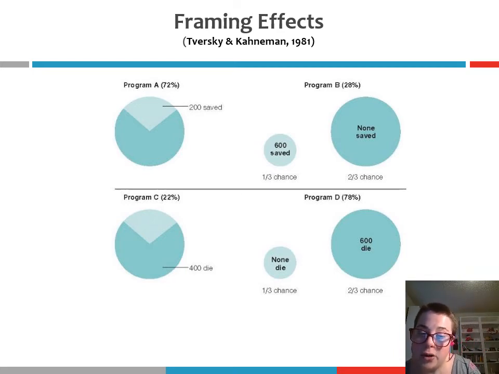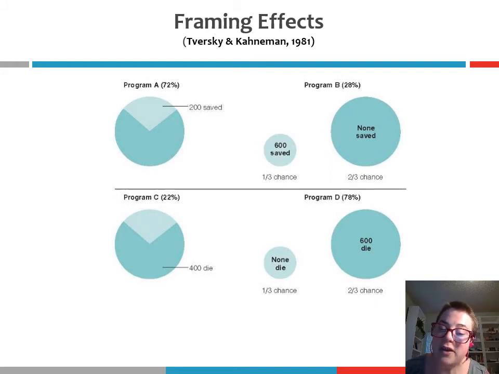However, even though the number of deaths is exactly the same, right? When participants are asked to choose between program C and program D, those choices are framed in terms of losses, or they're framed in terms of the number of deaths, right? And we don't like loss, right? You want to avoid loss at pretty much all costs, right?